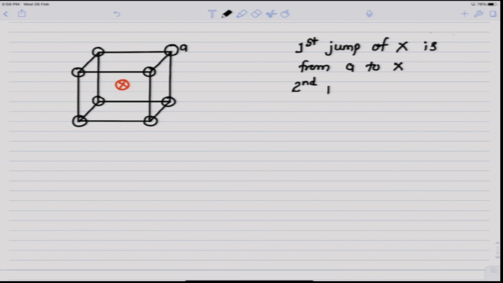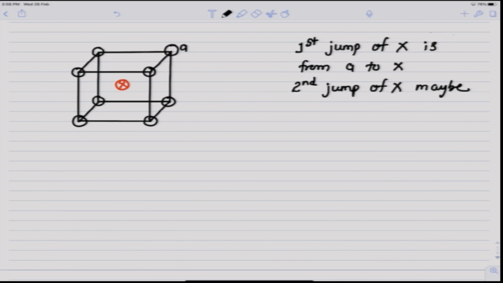So, the second jump of X may be to one of the 8 sites, and those 8 sites, the nearest neighbors of X, can be divided into sites of the types A, B, C or D. A is from where X has just jumped during the first jump.